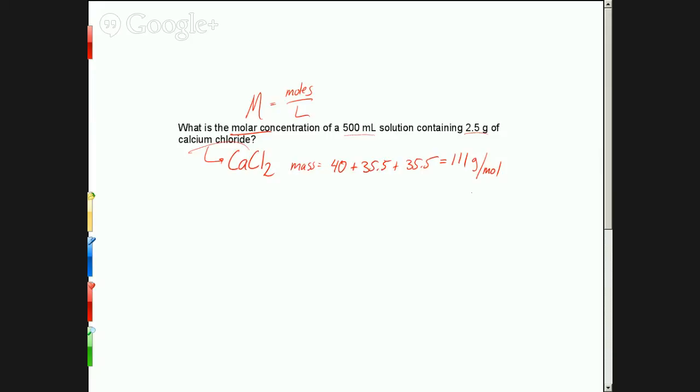And we have 2.5 grams, so we have to do a conversion there. 2.5 grams calcium chloride, and then we want to convert grams of calcium chloride to moles of calcium chloride. So that's going to be 111 grams per mole. We just calculated that. So then we divide 2.5 by 111.